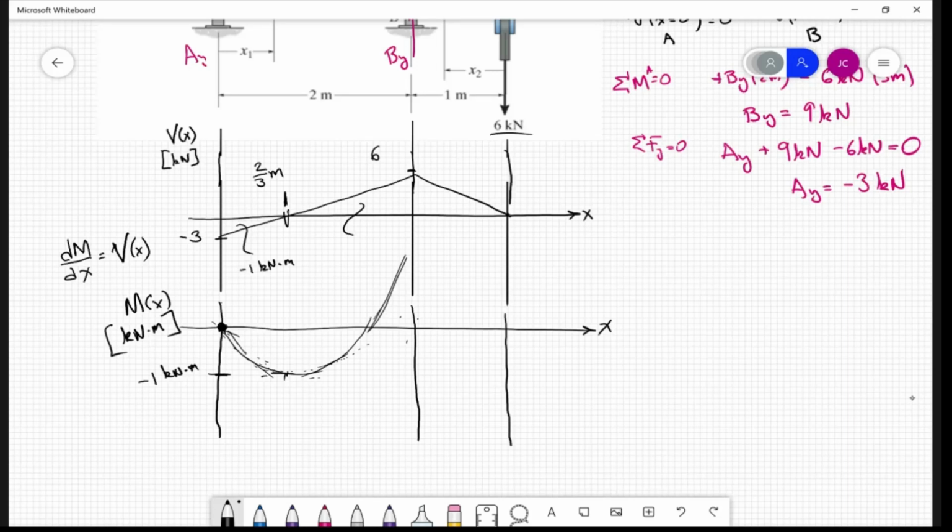The area under this curve is going to be, oh, why am I calling this 2/3? Yeah, no, that's right, 2/3. So this distance here is 4/3, right?